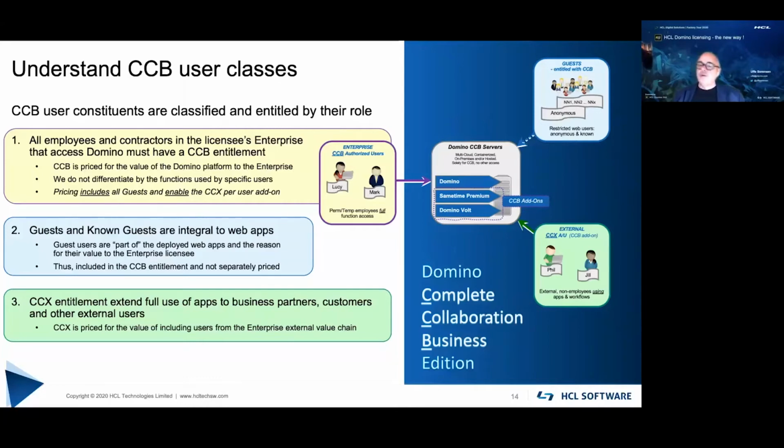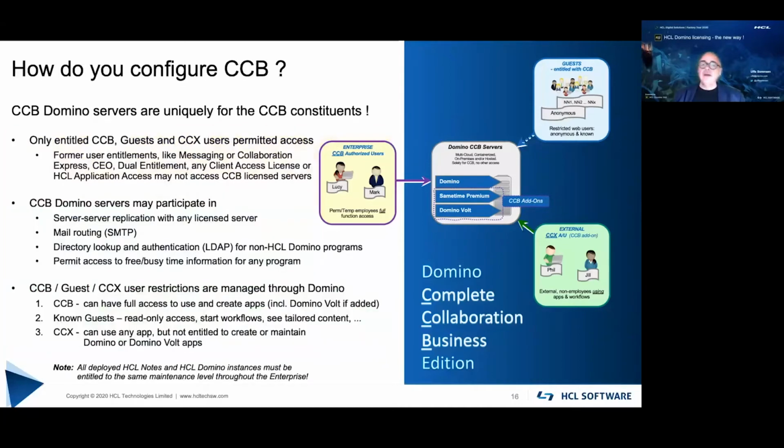The way we configure it is basically that you set up your Domino servers. A Domino server is entitled by the CCP users. You can set up any number of Domino servers in any configuration you want. It's all fine. The only thing you need to remember is that it is only the CCP users and the associated guest or CCX users that are permitted to actually access those servers.